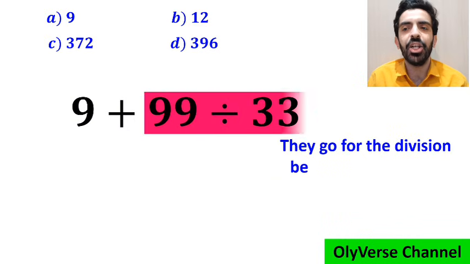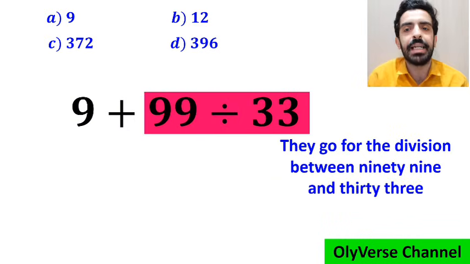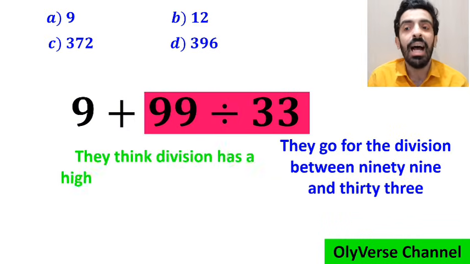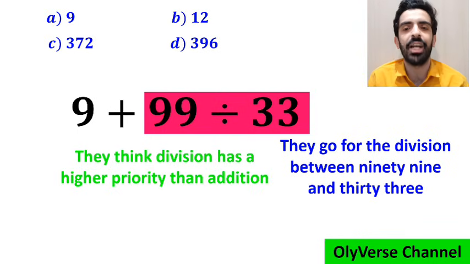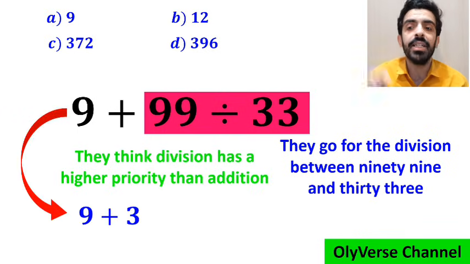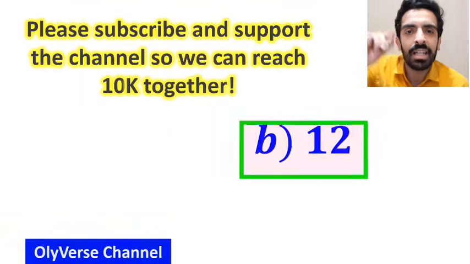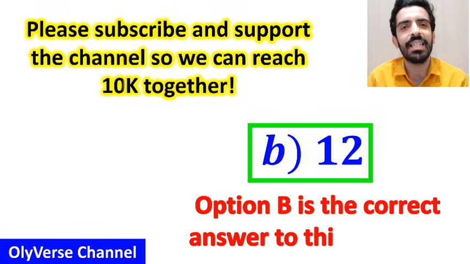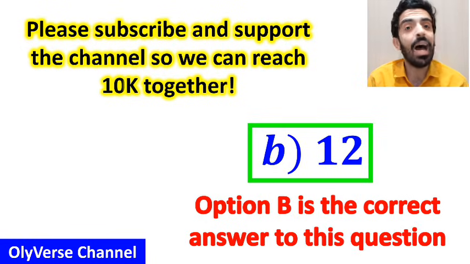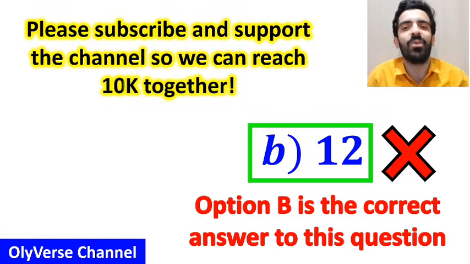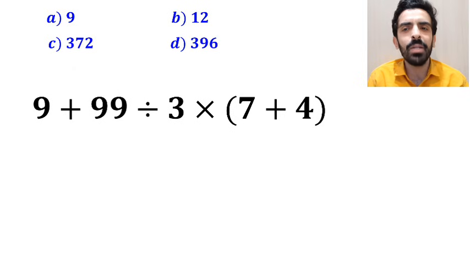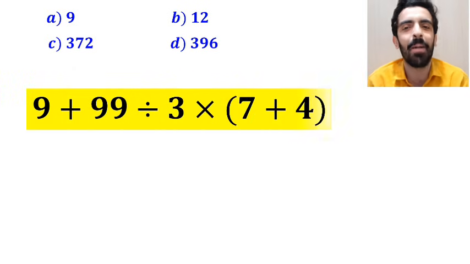Then, they go for the division between 99 and 33, because they think division has a higher priority than addition, and they rewrite this expression as 9 + 3, which ultimately gives them the answer 12. Then, they quickly say that option B is the correct answer. However, that's definitely wrong. Alright, now let me show you how to solve this expression properly.